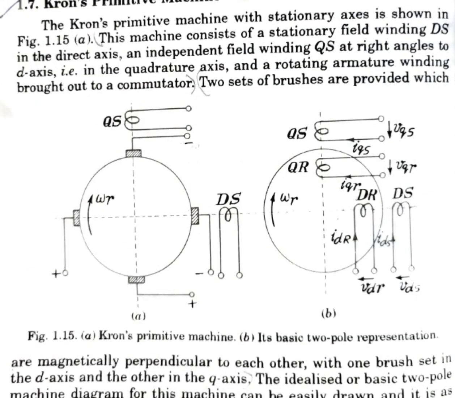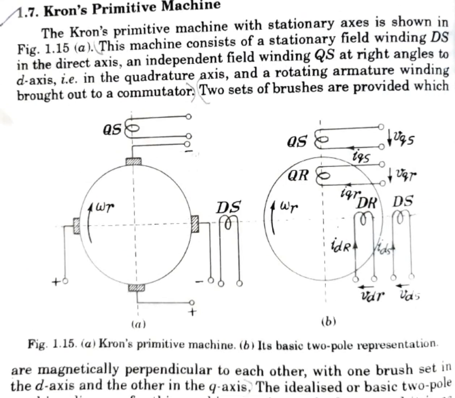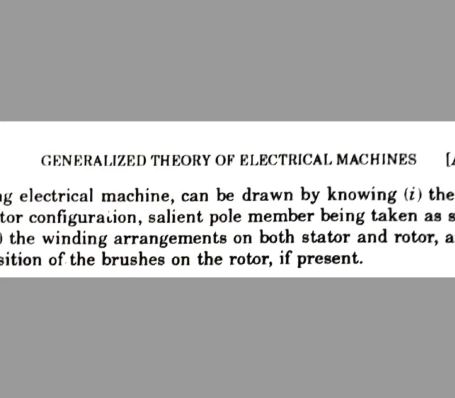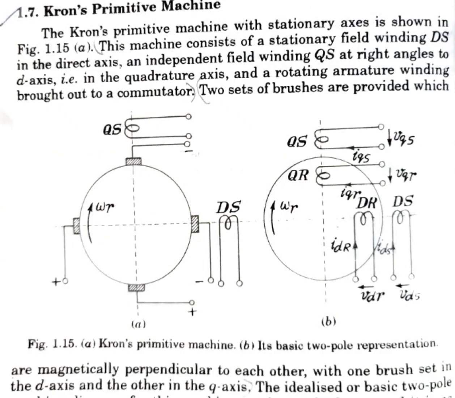Then finally we have seen Kron's primitive machine, and how the machines are represented, and why it is called a generalized machine, because mostly all the machines could be represented using Kron's primitive machine.